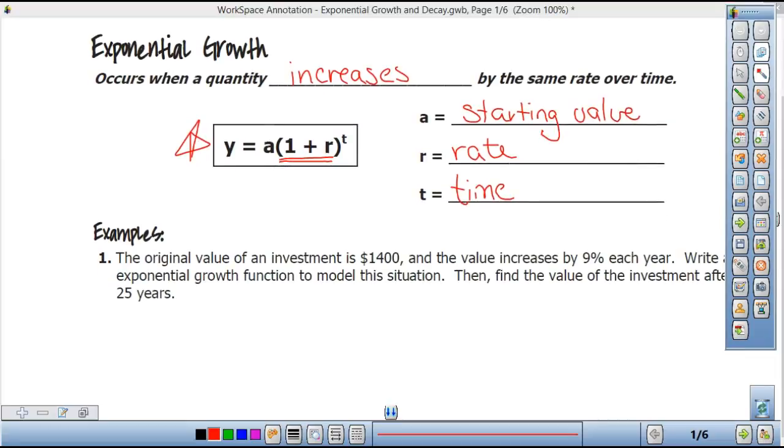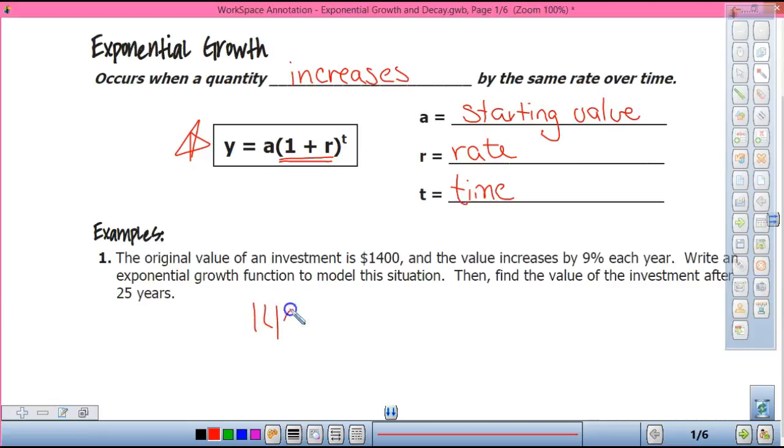So, original value of an investment is $1,400. Right? So, is that my starting value? Yep. We're going to write down our $1,400. Okay, now, it's increasing at 9%. Okay? 9% is what as a decimal?